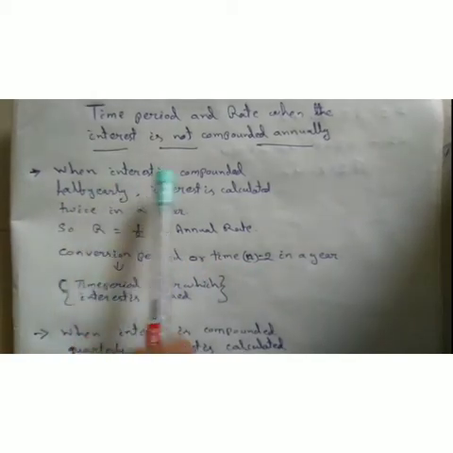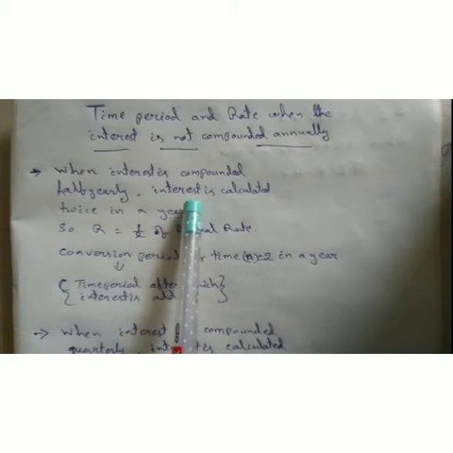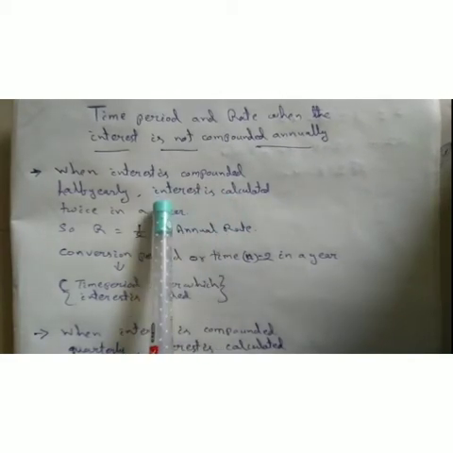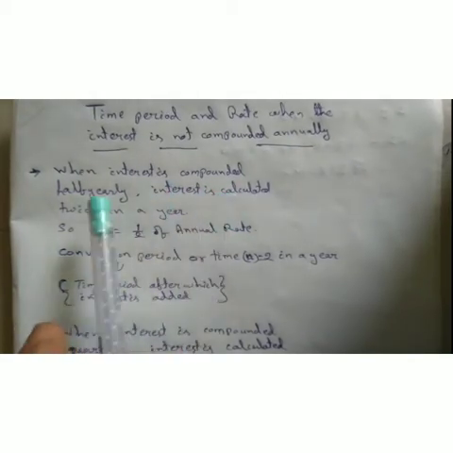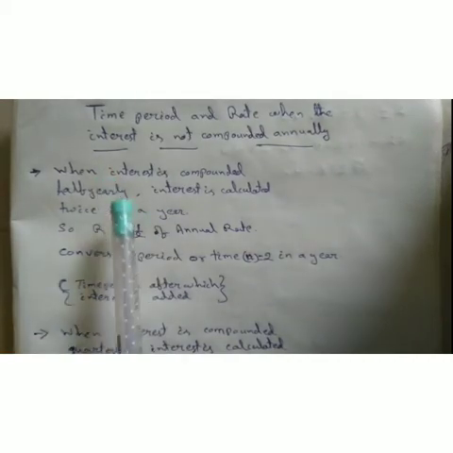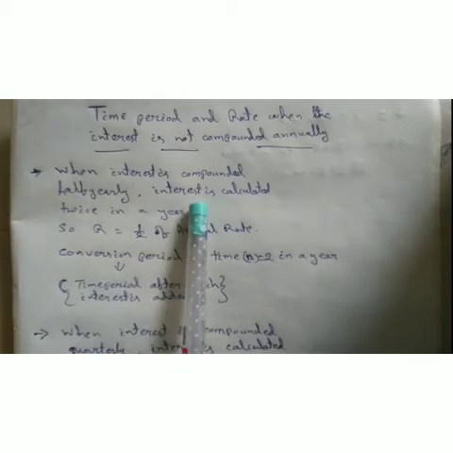If the interest is compounded half yearly, the interest is calculated twice in a year. Half yearly means 6 months once. So how many times in a year? 2 times.